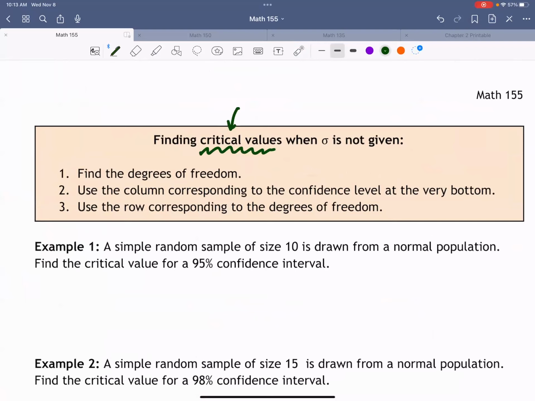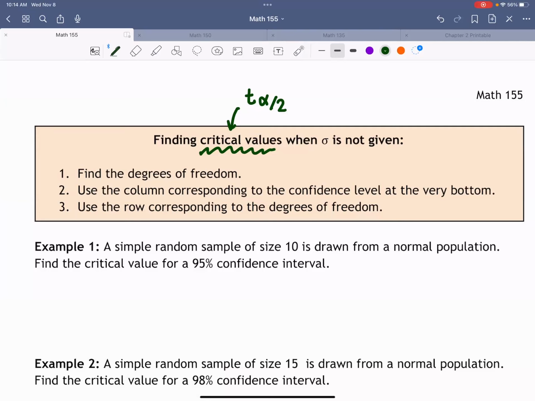It's a T with alpha over 2 in the subscript, okay? Don't worry when you see this on the homework. It's literally just telling you to use the big chart to find the critical value. Some people like to have a formula for some of these things, and T alpha over 2 just tells you to use the chart, but I just think it's easier to call it a critical value. So if you see that on your homework, just do this process.